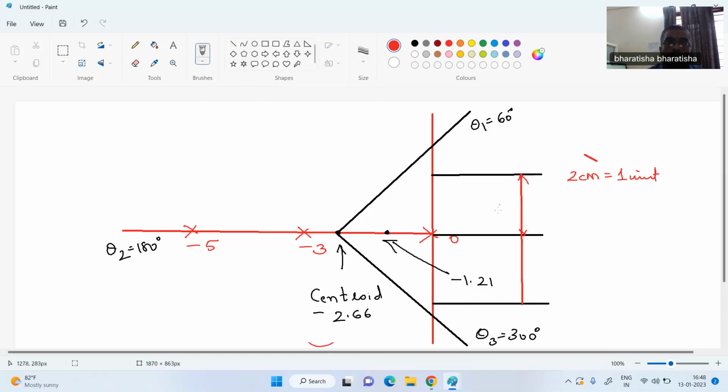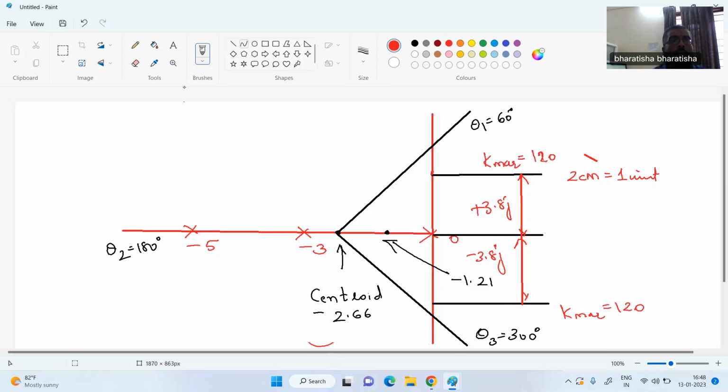This is plus 3.8 j, and here it is minus 3.8 j. Above these points you can write the marginal value of K, which is 120 here, and 120 here also. Above this point, the system becomes oscillatory in nature.